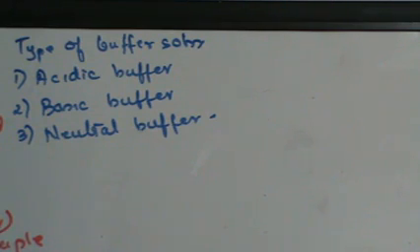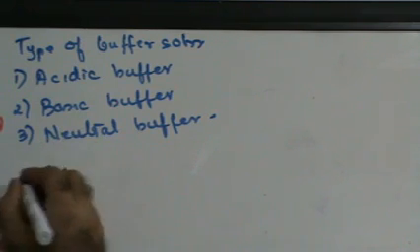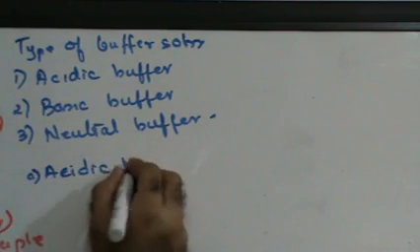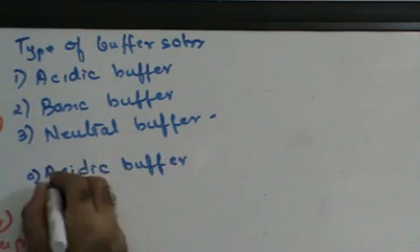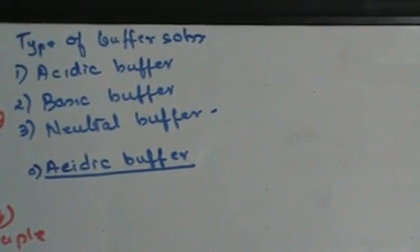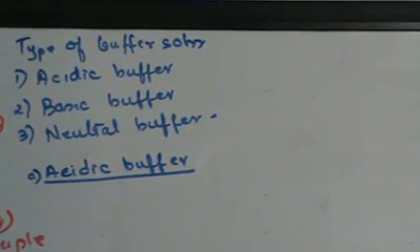Now, what do we understand by acidic buffer? An acidic buffer is prepared by dissolving a mixture of weak acid with a salt of strong base. The pH of this buffer solution is always less than 7.